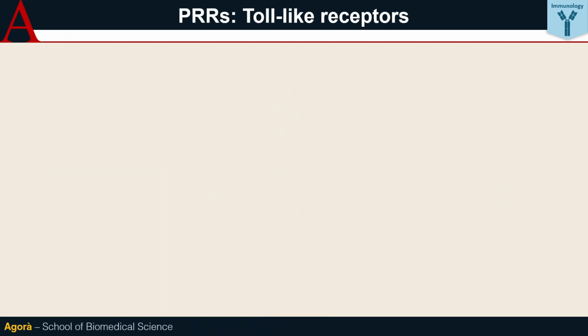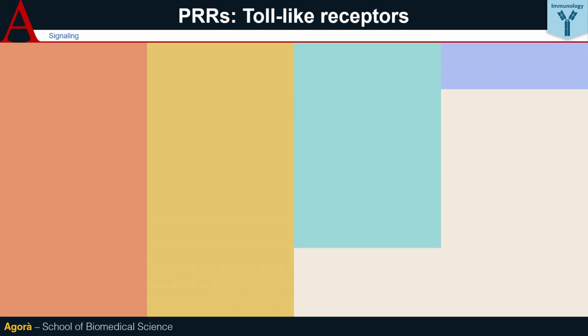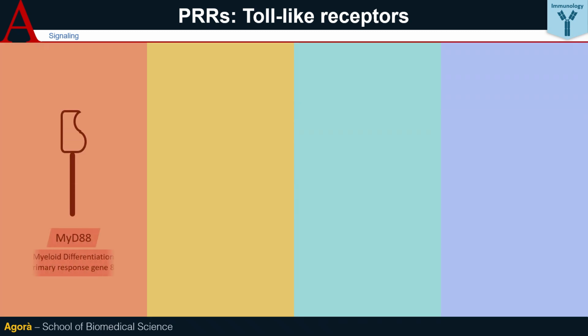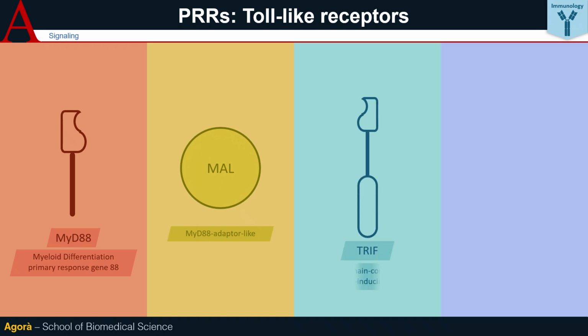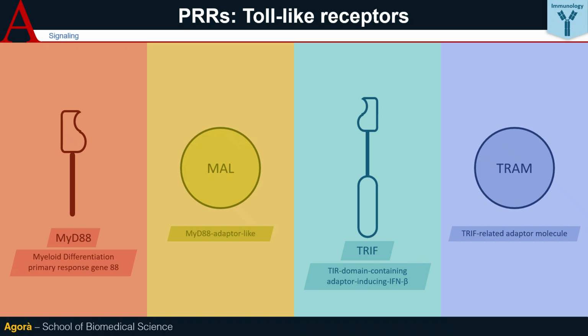For TLRs, 4 adapter proteins can bind to TIR domains once they've dimerized. MyD88, myeloid differentiation primary response gene 88. MAL, MyD88 adapter-like, also known as TIRAP, TIR domain containing adapter protein.